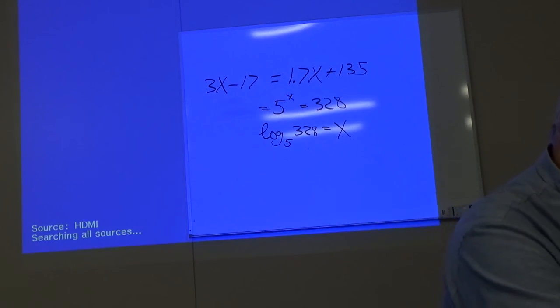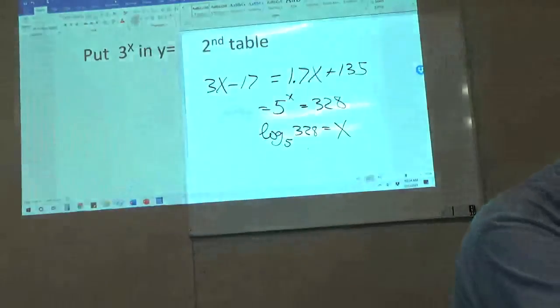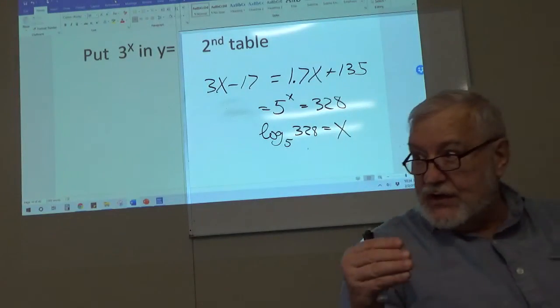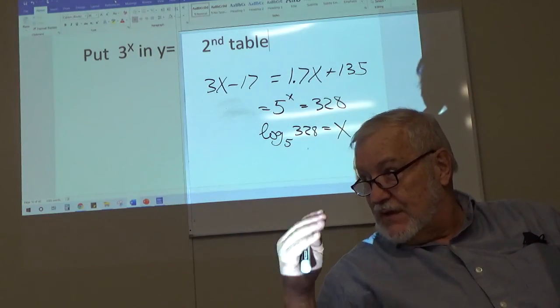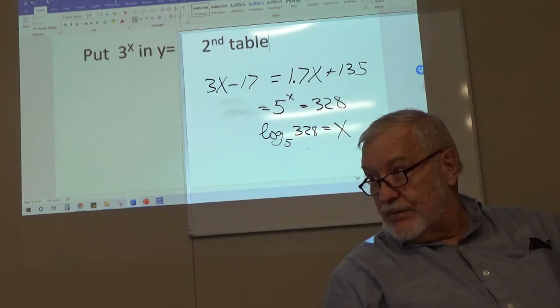If you remember when we first started logarithms, 9C was the longest one. It took the most steps. The other two were basically one step in the calculator.